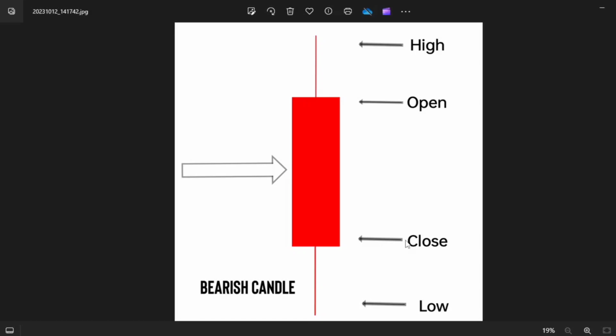Many traders only focus on the color. Whenever they see a green candle, they'll call it a bullish candle. Please, the color is not the most important thing, because sometimes you will see a red candle and it will be signifying a bullish movement, depending on where it's being formed. This is why we need to understand the principle behind candlesticks.